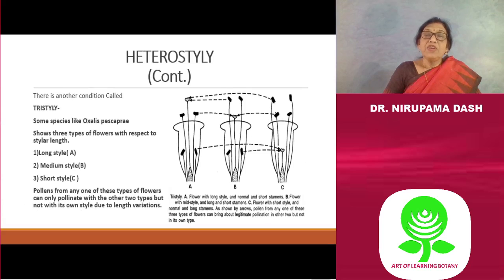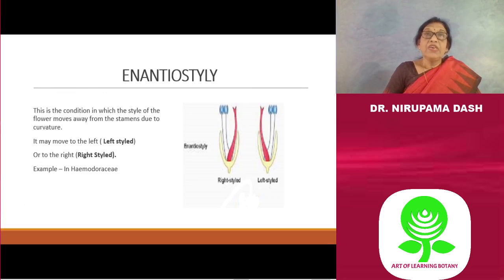Let us come to another condition, that is enantiostyly. Here the position of the flower depends on the curvature of the style, I mean either it is to the right side or to the left side.